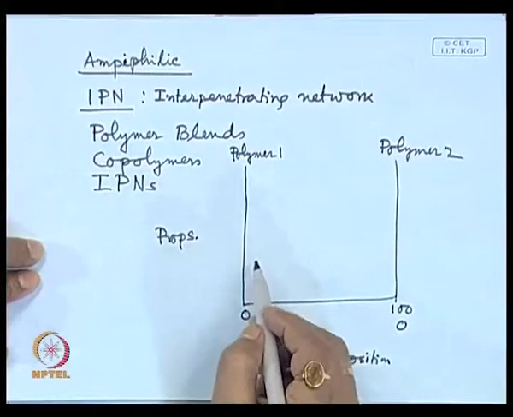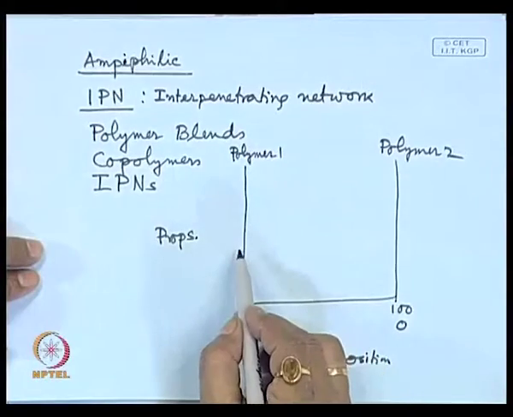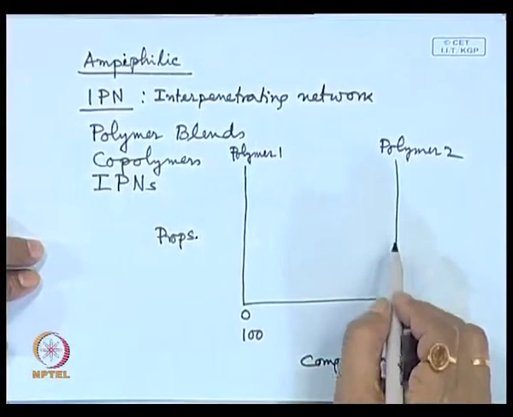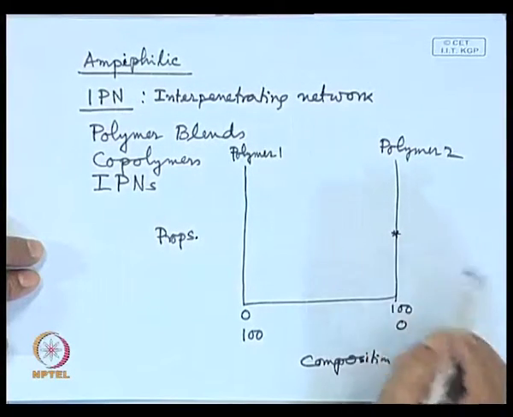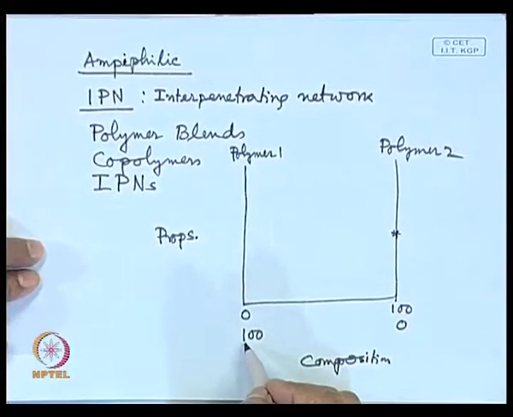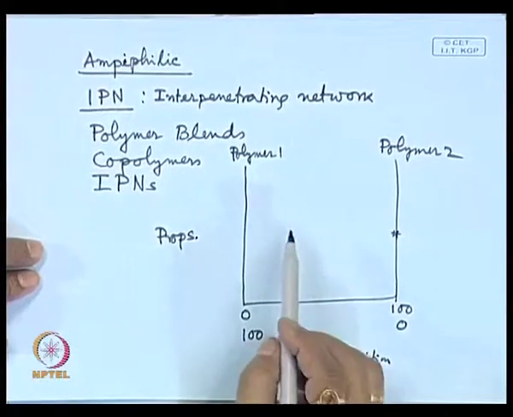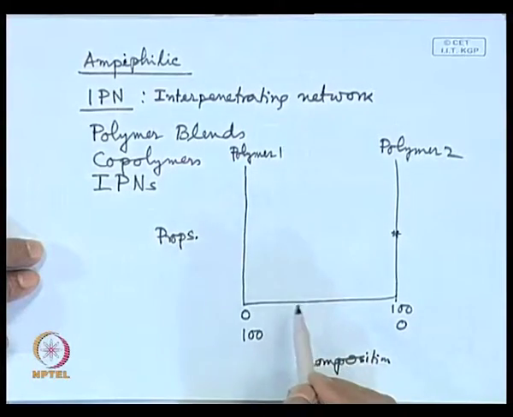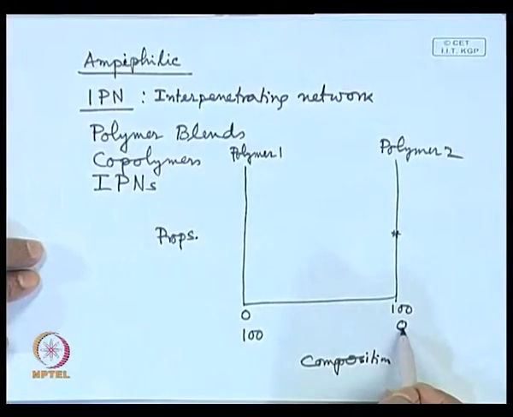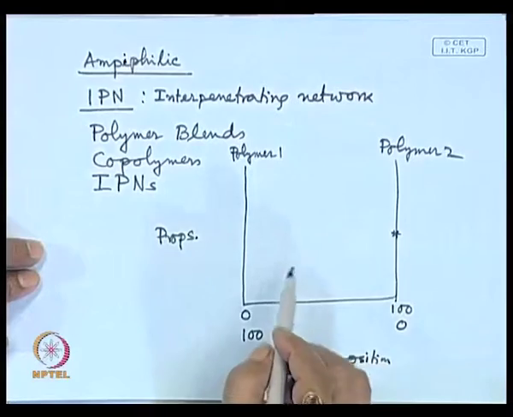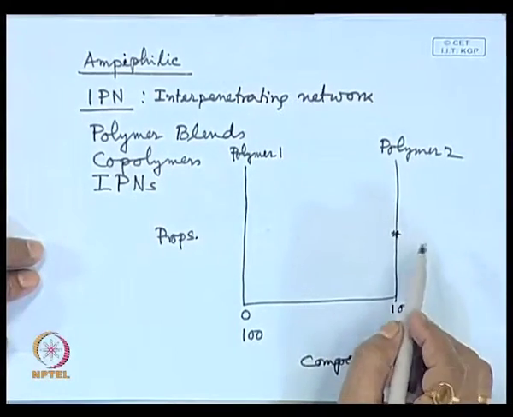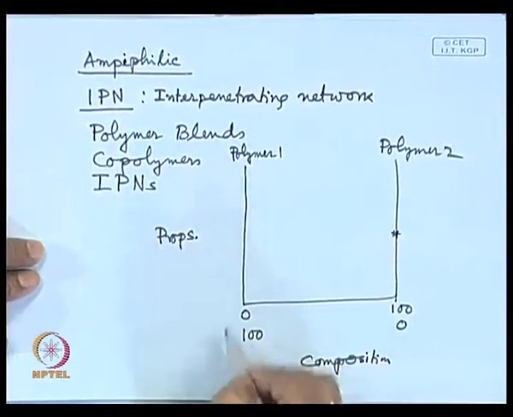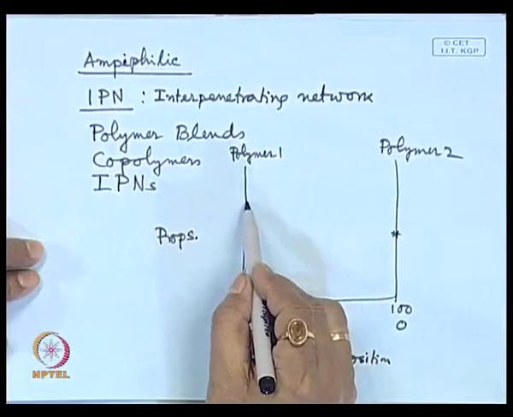Now, polymer 1 when it is 100, its property suppose lies over here. Polymer 2 when it is 100, that means pure polymer, its property is here. I am sorry, this should be polymer 1, so polymer 1 is 0 here, 100 there. And polymer 1 when it is pure, its property is here.